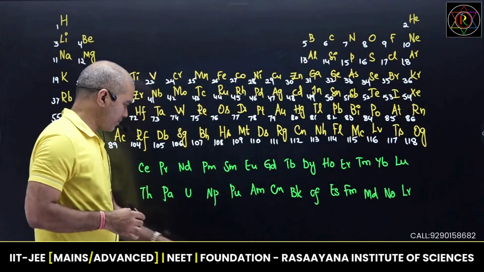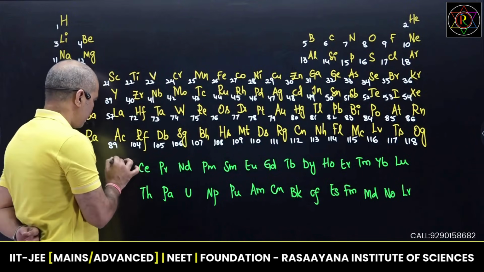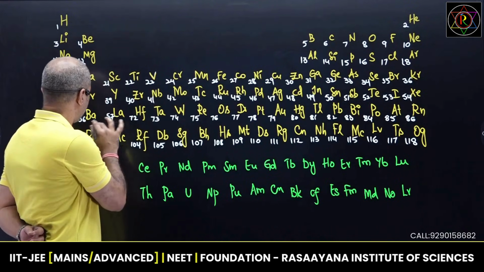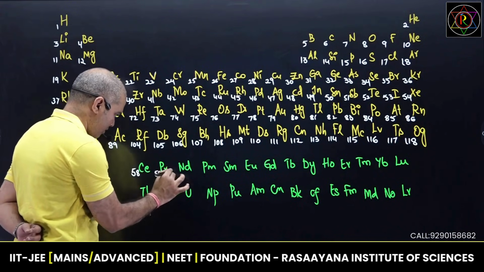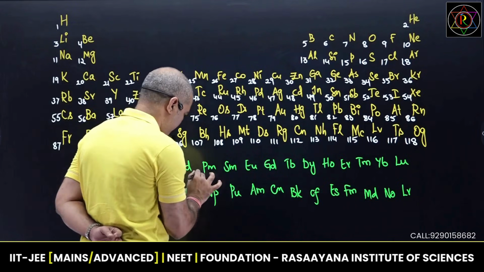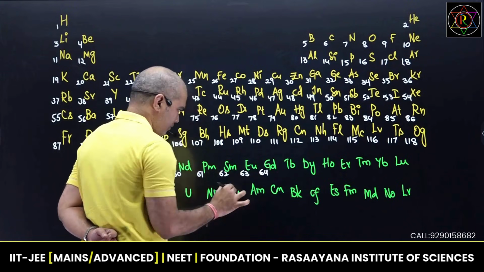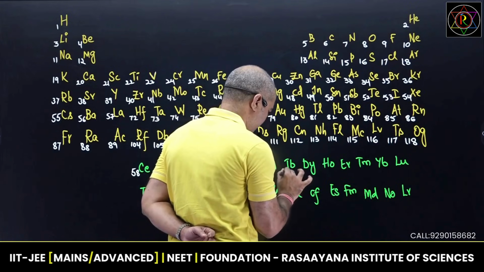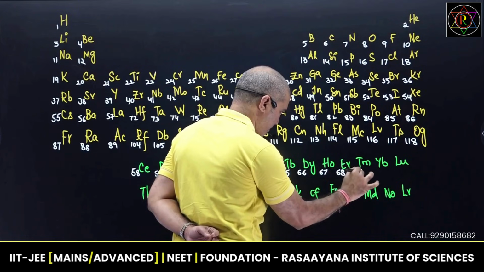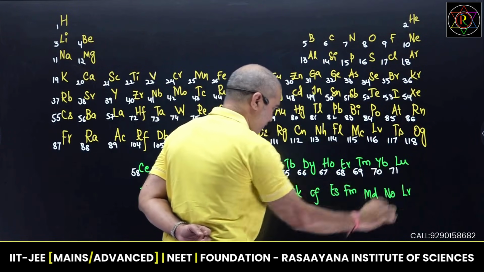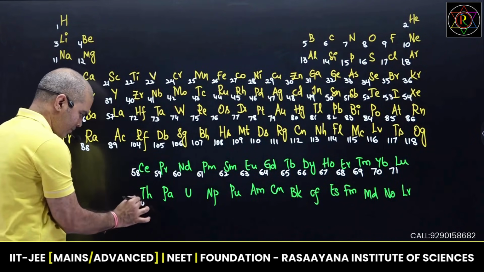We'll try to number them. From 56, 57, so this will be 58. This will continue up to 71. So here we stopped at 89. Thorium will be 90.